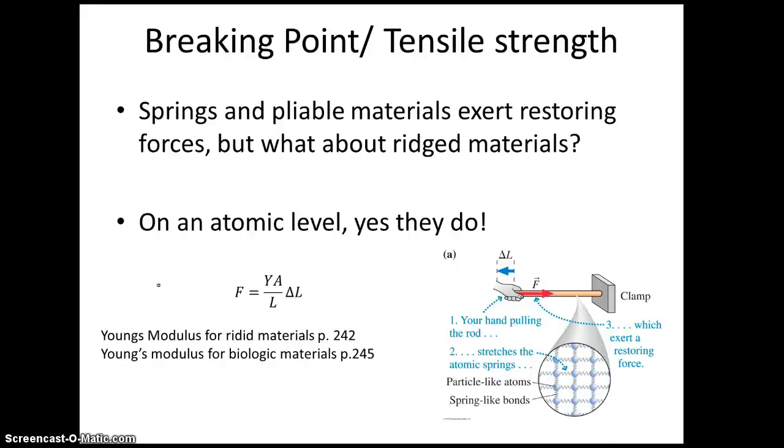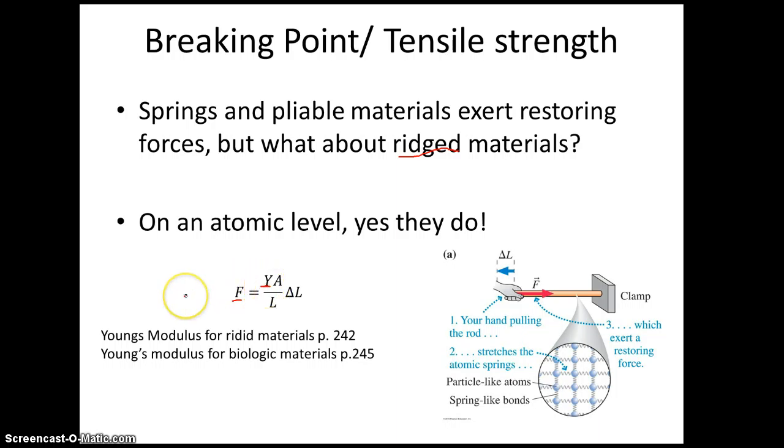And so when I exert a force on a rigid object, which means a non-flexible, non-bendy object, on the atomic level, we can think of those chemical bonds as little tiny springs, right? And the force that those exert is related to this thing called Young's modulus.